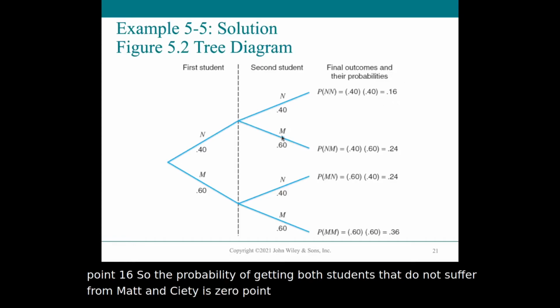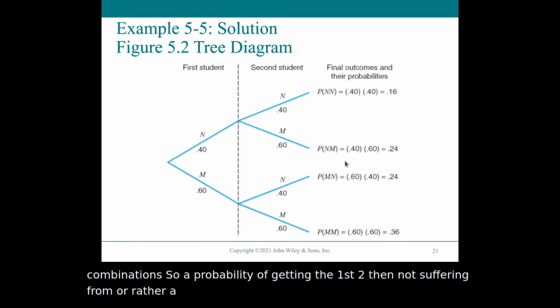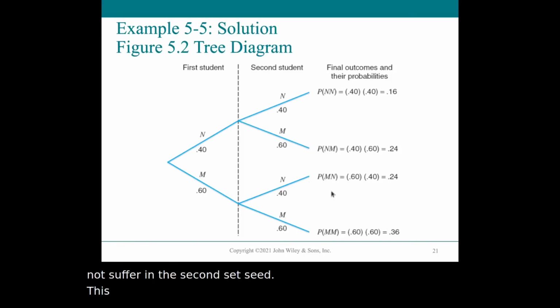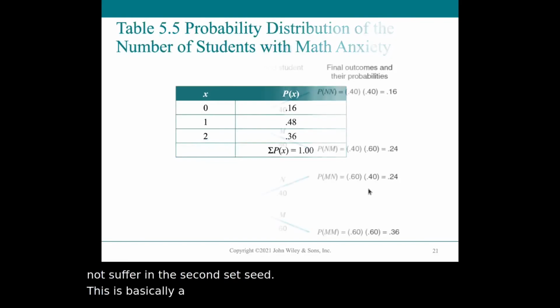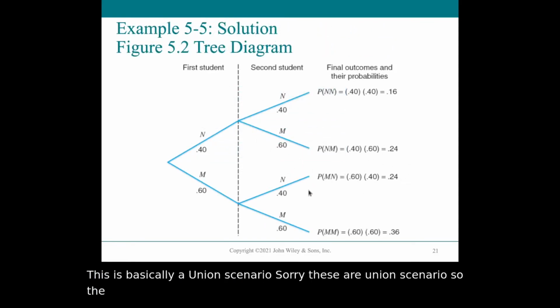And then what about the mixed combinations? The probability of one student suffering from math anxiety and the other not is a union scenario.